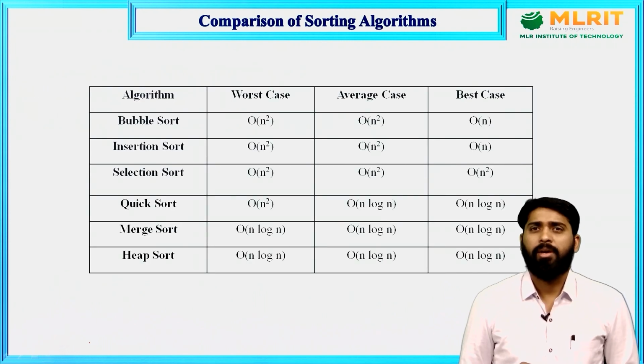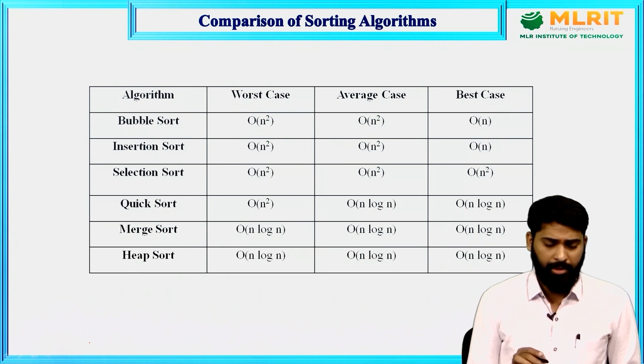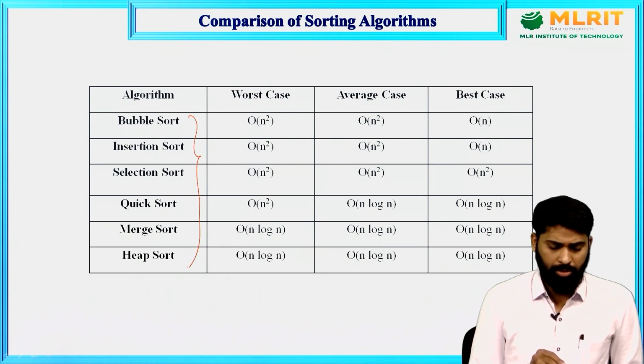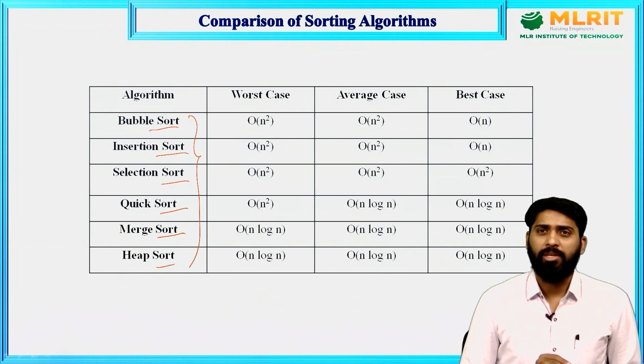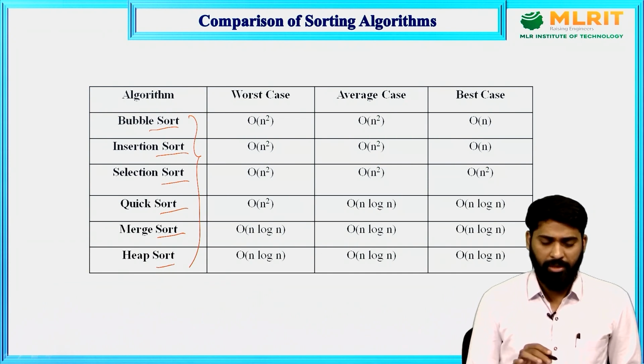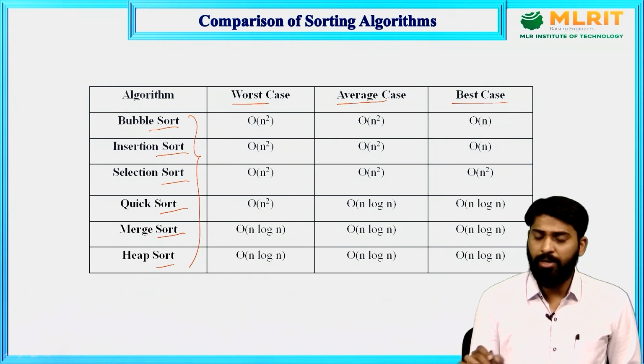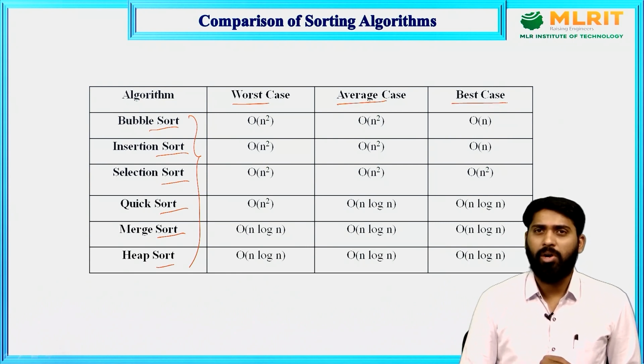Here, we are trying to compare these sorting algorithms: bubble sort, insertion sort, selection sort, quick sort, merge sort and heap sort. Here I am mentioning the time complexities in worst case, average case and best case for all these algorithms.